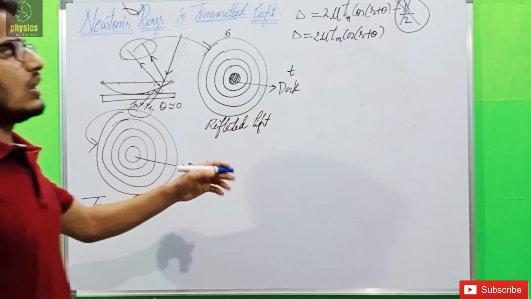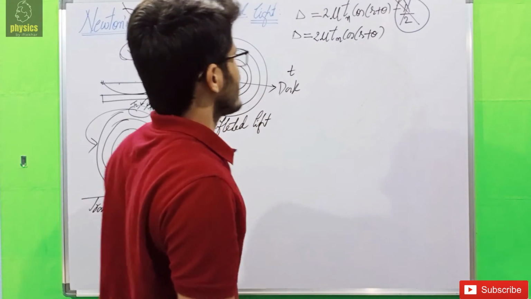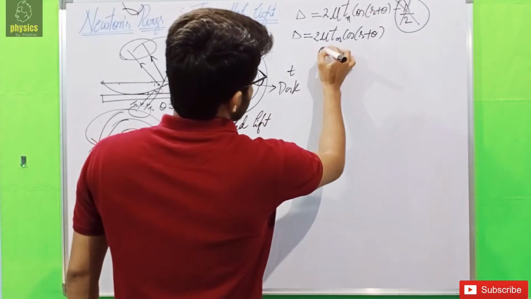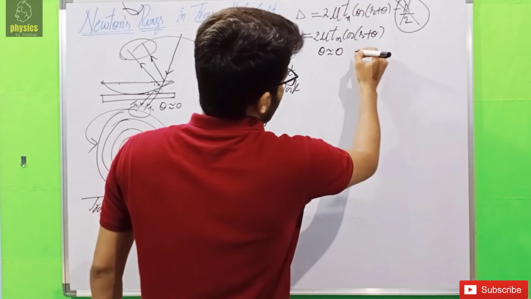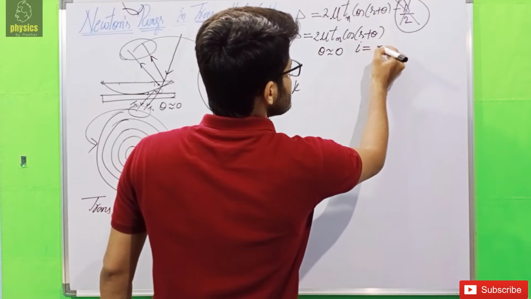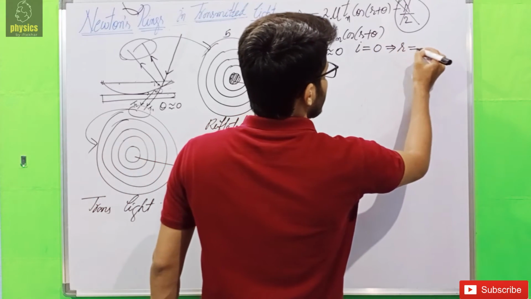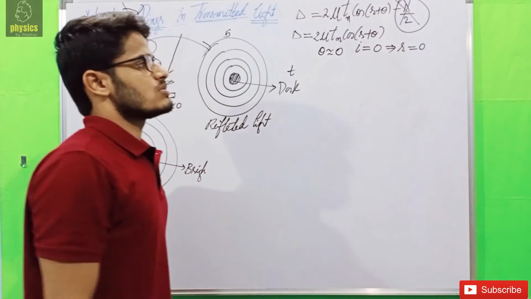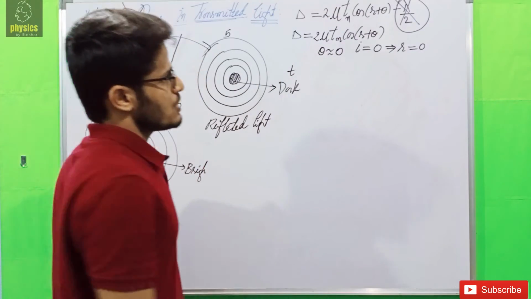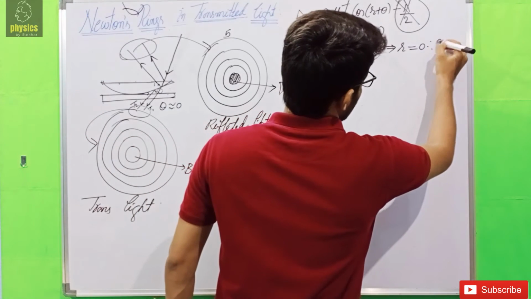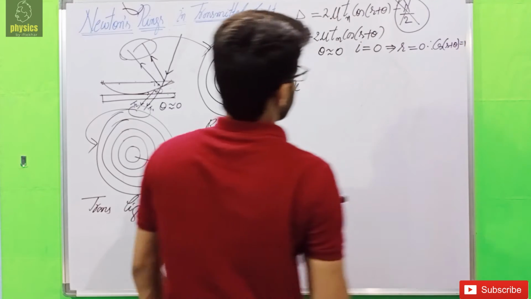Now there are a few more changes to make in this equation. Theta is approximately equal to 0, and because the angle of incidence is equal to 0, we can write r is also equal to 0 according to the law of reflection. So because of these things, we can write cos(r plus theta) is equal to 1.